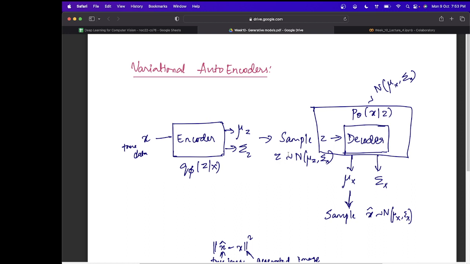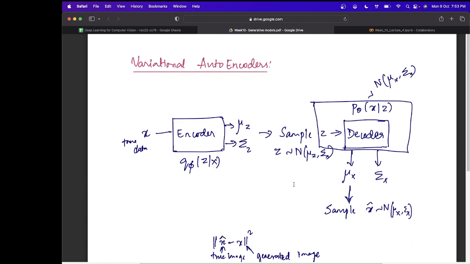So instead of sampling Z directly from a Gaussian, you take these Gaussian parameters and you add 0 1 noise to it. So this noise is actually sampled from the 0 1 Gaussian, and you have already found this mean and variance.